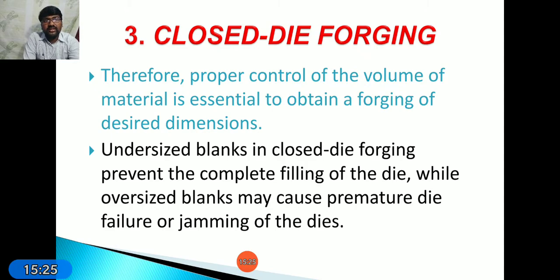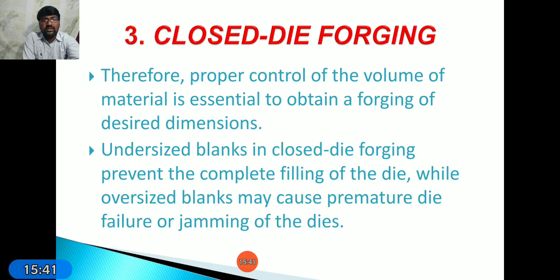It is one of the limitations of closed die forging. We have to use a controlled volume: whatever amount of volume is required, the same amount of volume we have to place in between the dies.